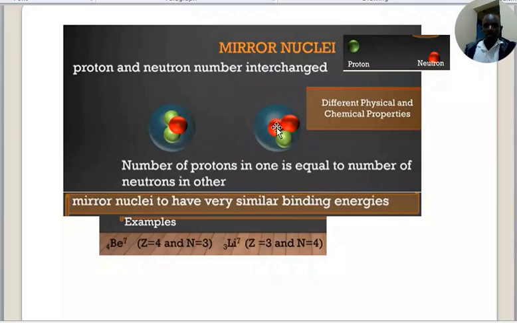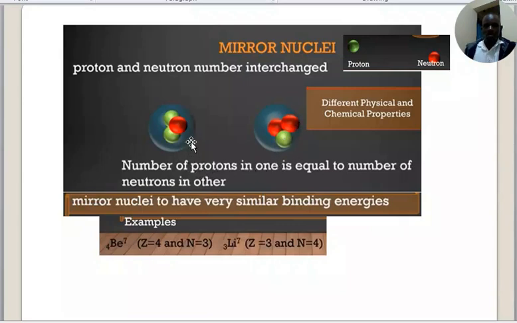Now, when you look at these two atoms here, they are such that the number of protons in the first one is equal to the number of neutrons in the second atom. As you can see here, in the first one, we have 2 protons, which are green in color, whose number is equivalent to the 2 neutrons which are in the second atom.